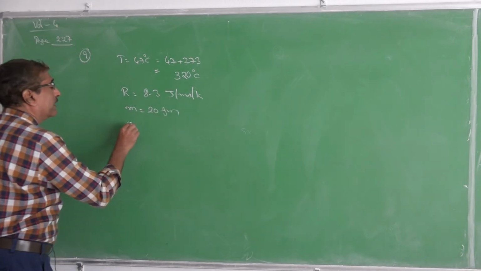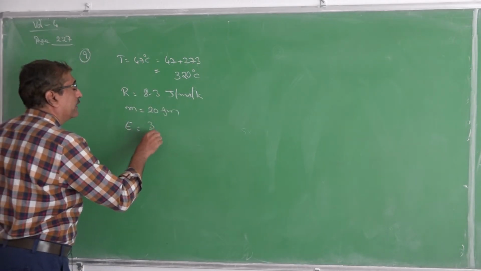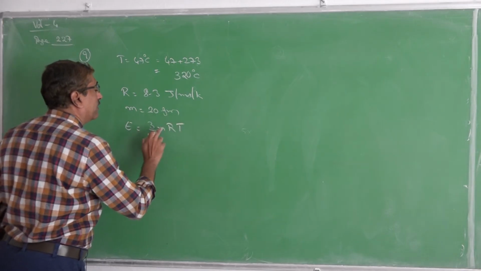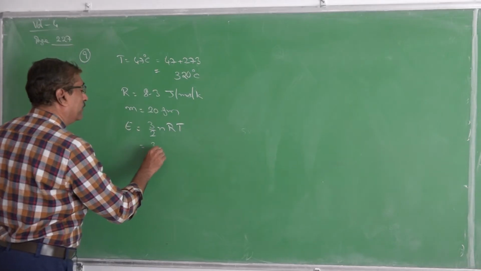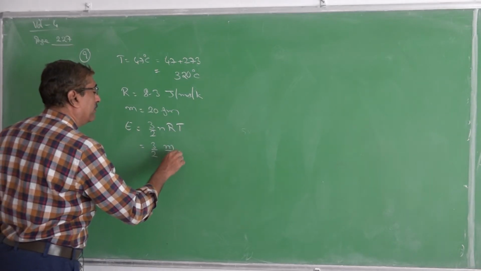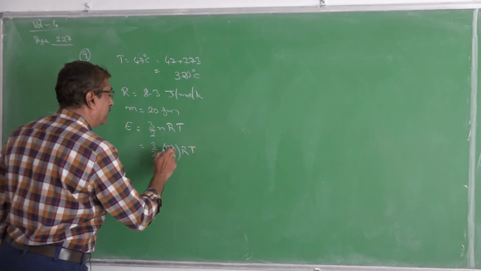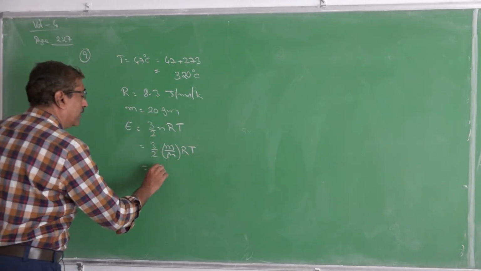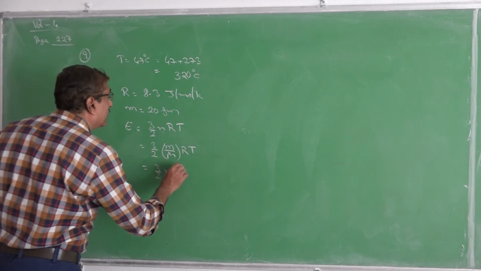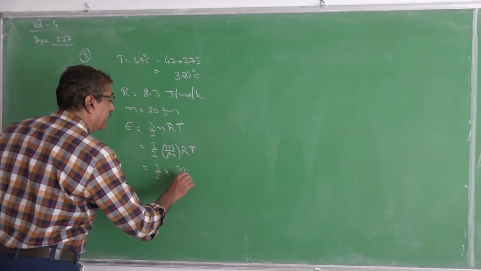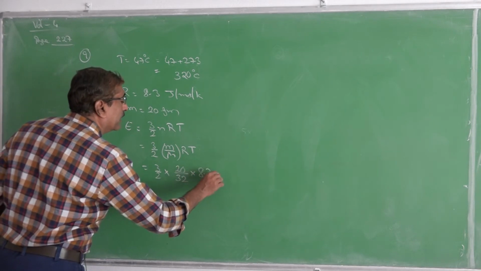So we have kinetic energy is equal to 3 by 2 nRT. To calculate the number of moles, 3 by 2 small m by capital M into RT. The small m is given 20 gram, and molecular weight of oxygen is 32. So 20 divided by 32 into 8.3 into 320.